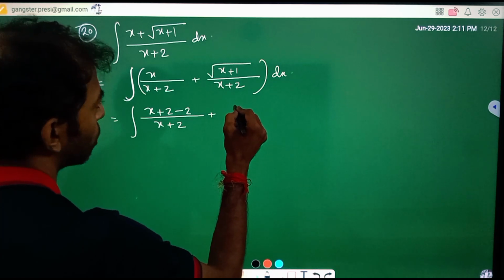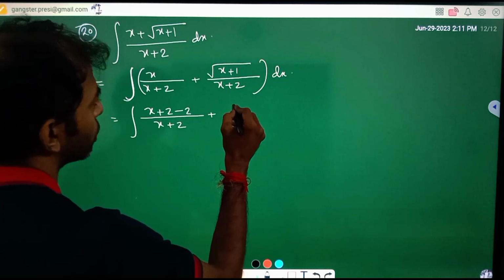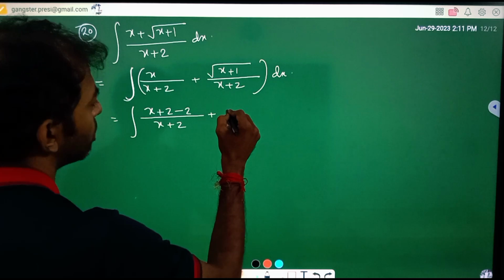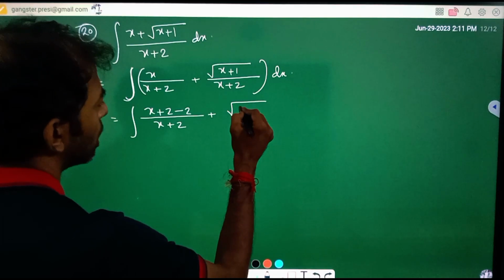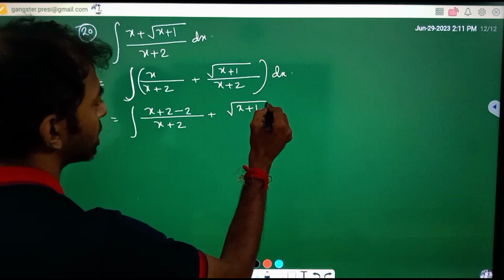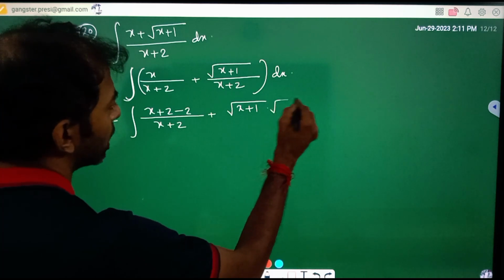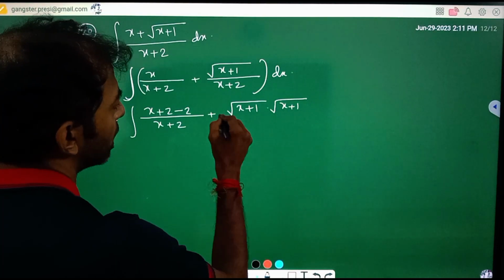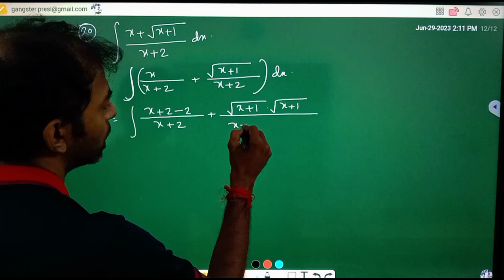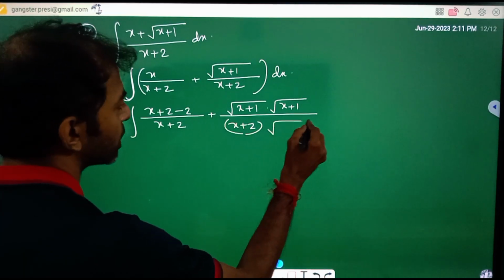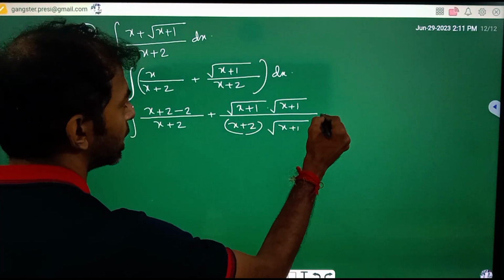After the rationalization process, the result will be x plus 1 into root under x plus 1, total divided by x plus 2 into root under x plus 1 dx.